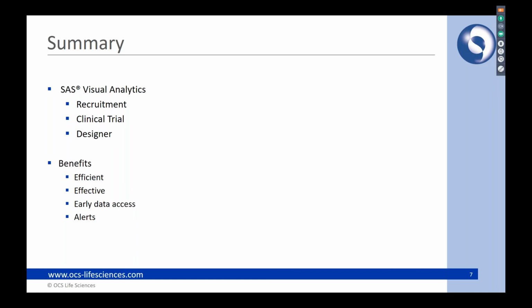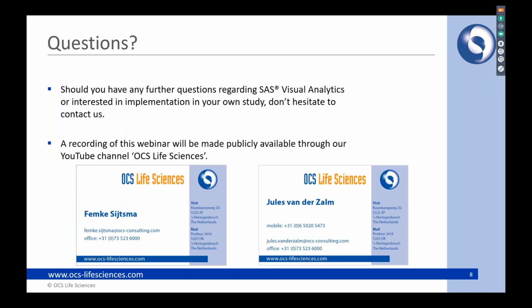You could also import your raw data to SAS VA and really look at how your data looks, instead of only looking at it when your data is collected and processed for creating listings or things like that. You have an early look at your data, and you can monitor your data really easily.